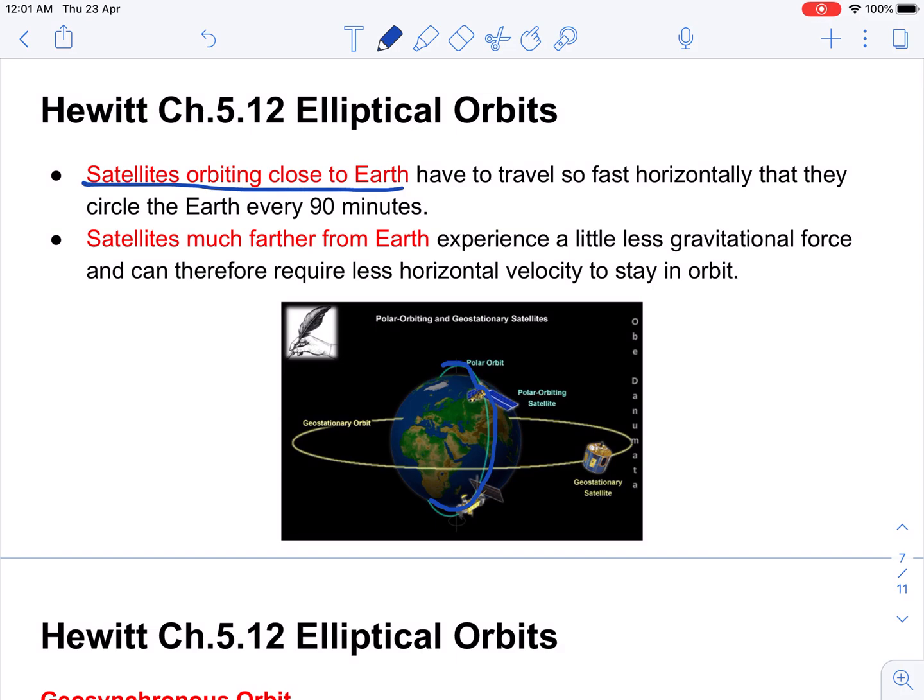They typically go around Earth every 90 minutes, which is a lot of rotations per day when you think about it. It only takes an hour and a half. But if you get further and further away from the Earth, a pretty significant distance, these satellites do experience a little bit less gravitational force, and therefore can have less horizontal velocity and still stay in orbit.